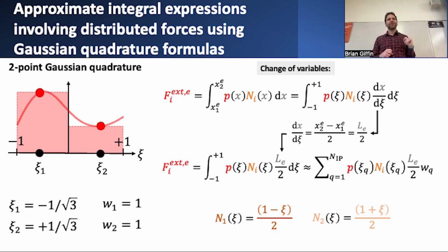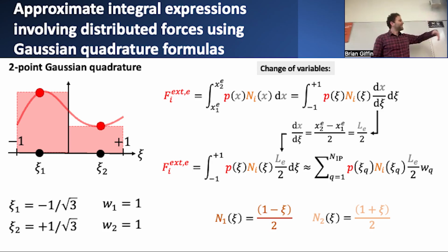And I can transform that integral from x ranging from x1 to x2 into an equivalent integral over the element's parametric coordinate domain, where that parametric coordinate is nothing more than xi, which ranges from xi equals -1 to xi equals +1. And we had to do this change of variables formula to be able to convert everything into integration over xi, rather than over x.